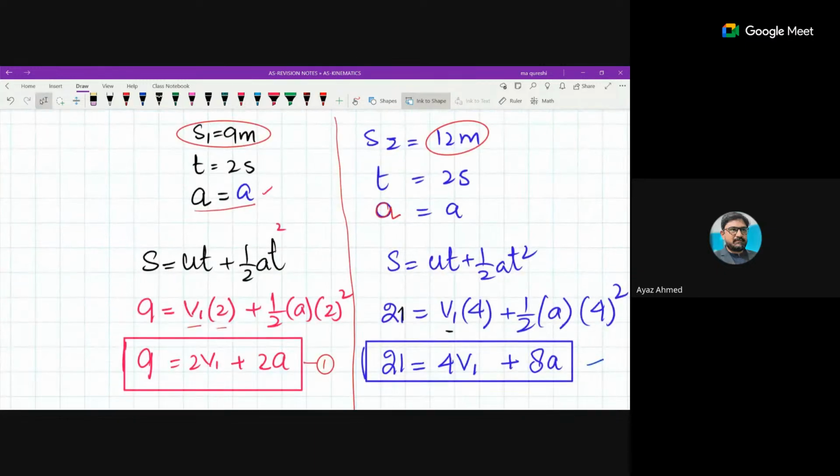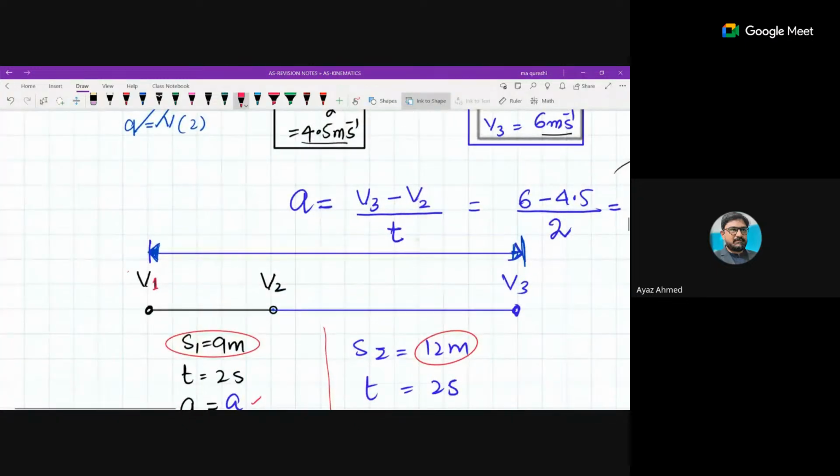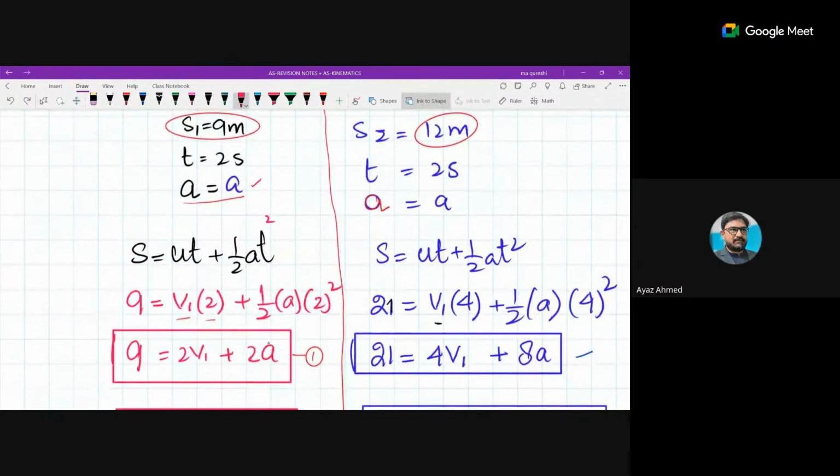So I will use this equation, that s is equal to ut plus 1 by 2 at square. S is equal to 9. U is basically v1, because I have started right from here. Am I right? And time is 2 seconds. Again, acceleration is a.